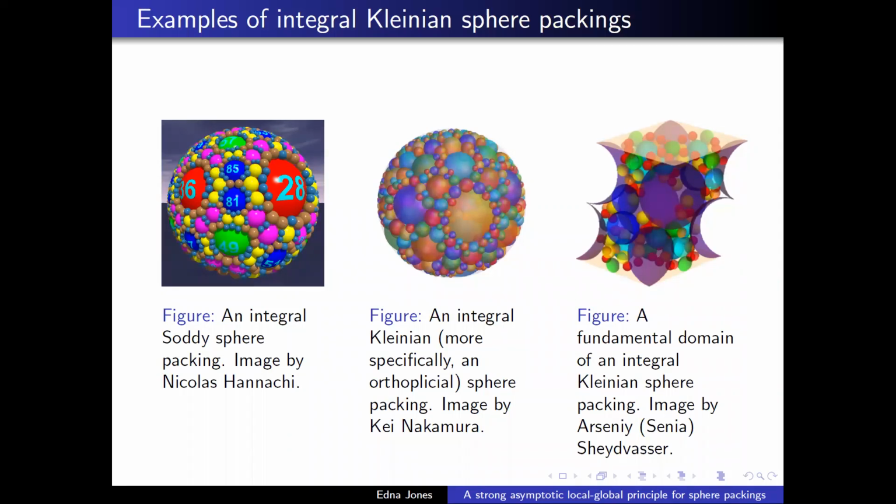There are actually infinitely many Kleinian sphere packings and infinitely many integral Kleinian sphere packings. So we have our Soddy sphere packing on the left. In the middle is an orthoplicial sphere packing, and on the right is the fundamental domain of another sphere packing.